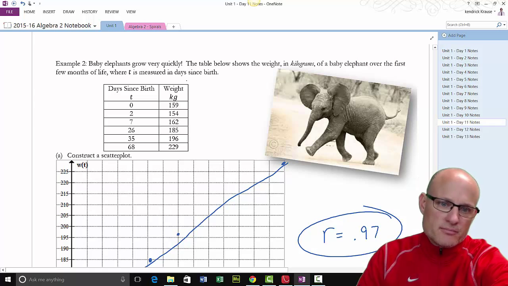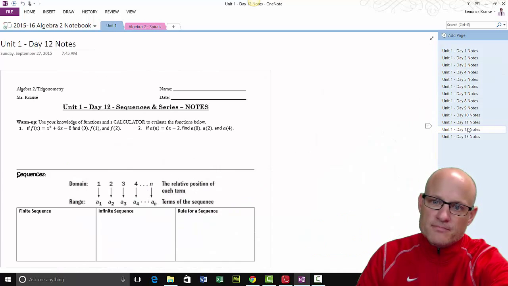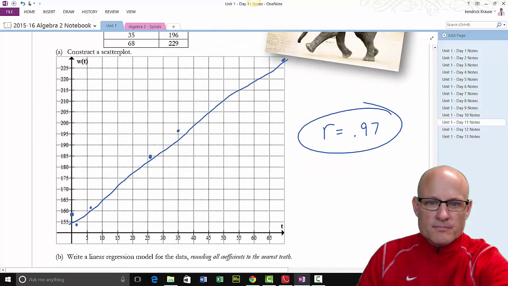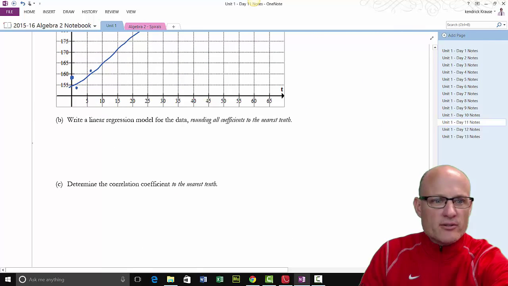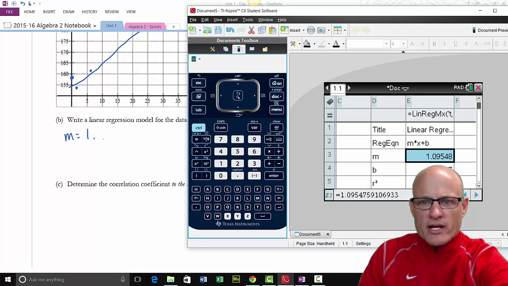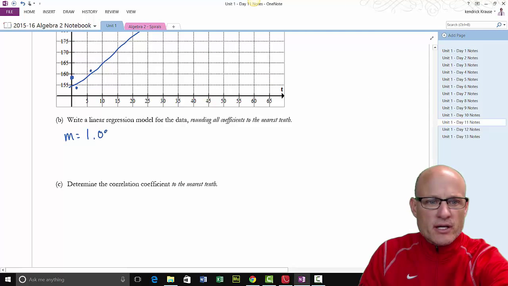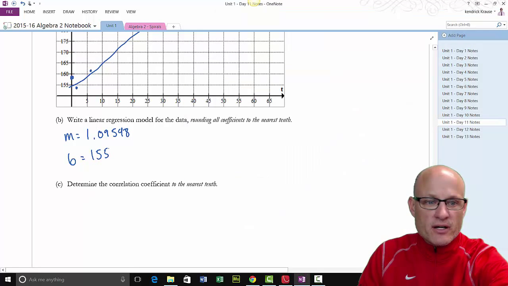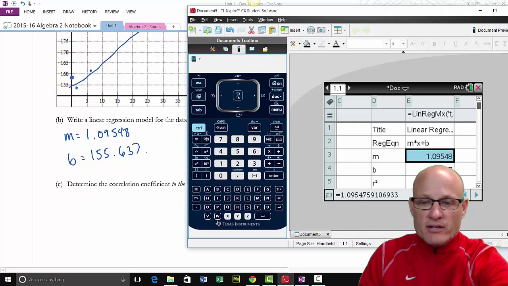Come on, catch up. Here we go. So my m value, because we have to write the equation, is 1.09548. My b value is 155.637.